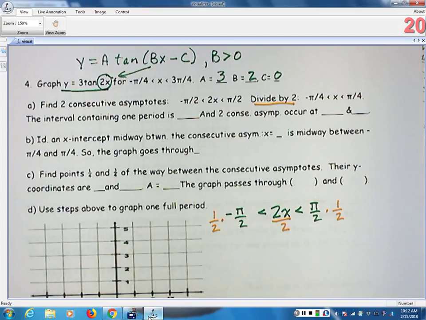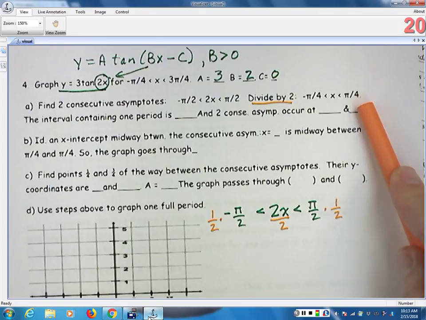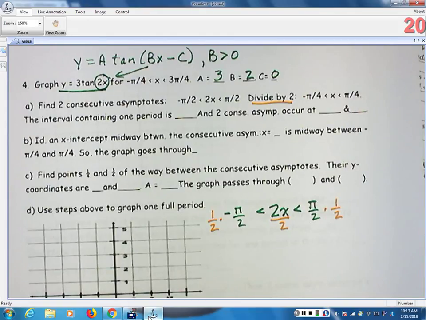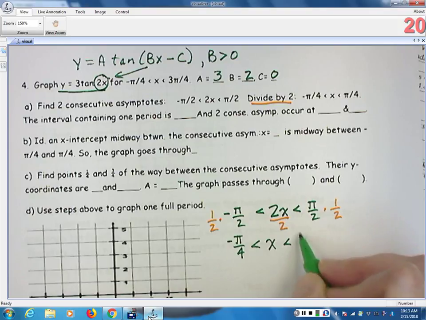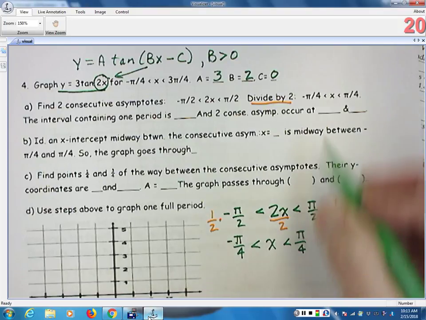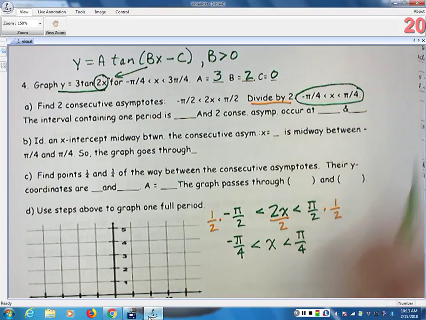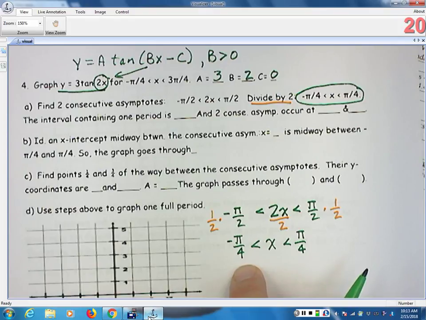We can do it all together, and you get minus pi over 4 less than x less than pi over 4. The vertical asymptotes will be at minus pi over 4 and pi over 4.